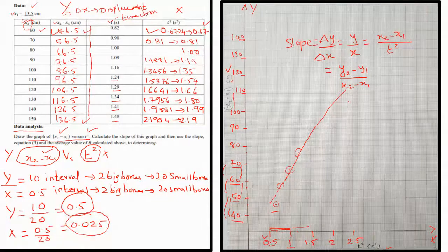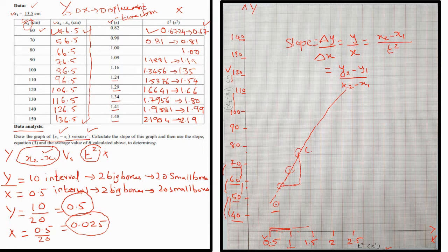Understand? Yes. Okay. Now I'm going to pick any 2 points, brother. Here I have 1 on the line, and this point, for example, is exactly sitting on the line. You can choose any 2 points on the straight line. So for example, I will choose these 2 points. Now I am going to write.